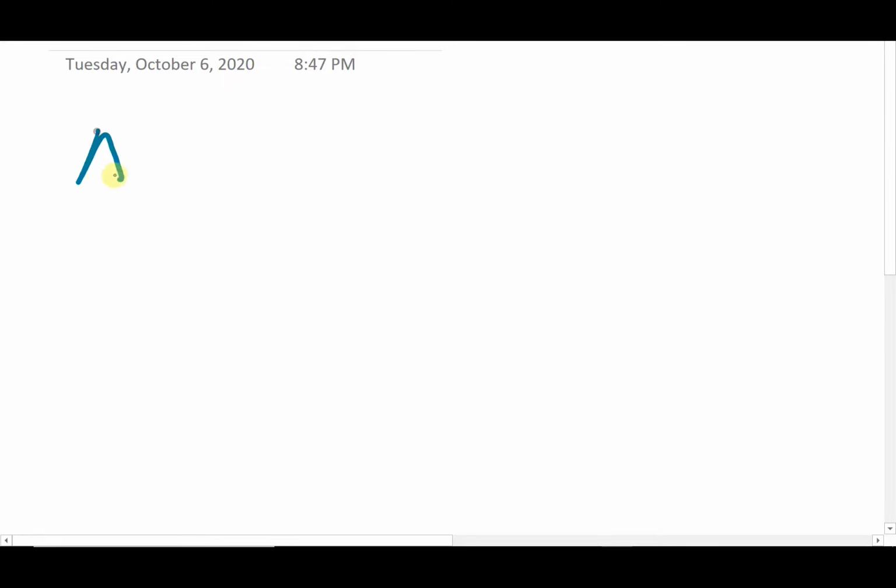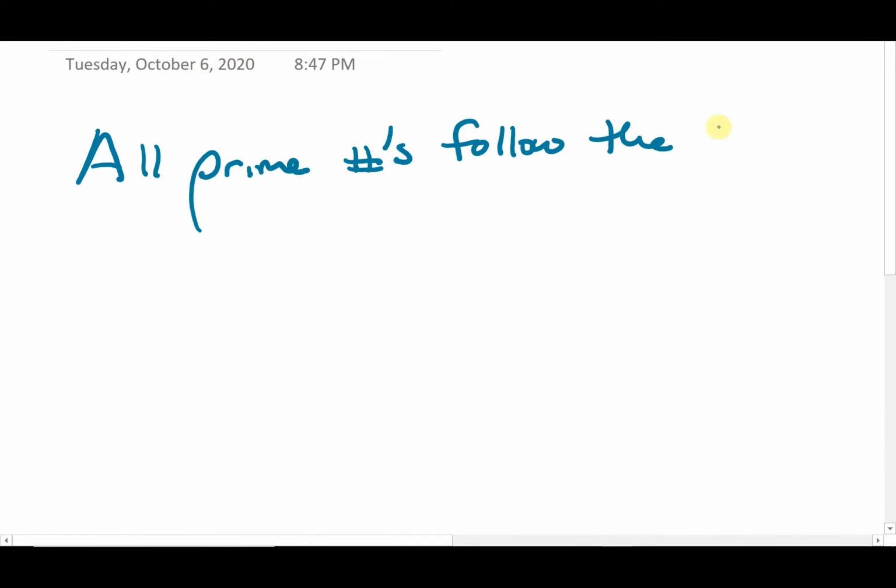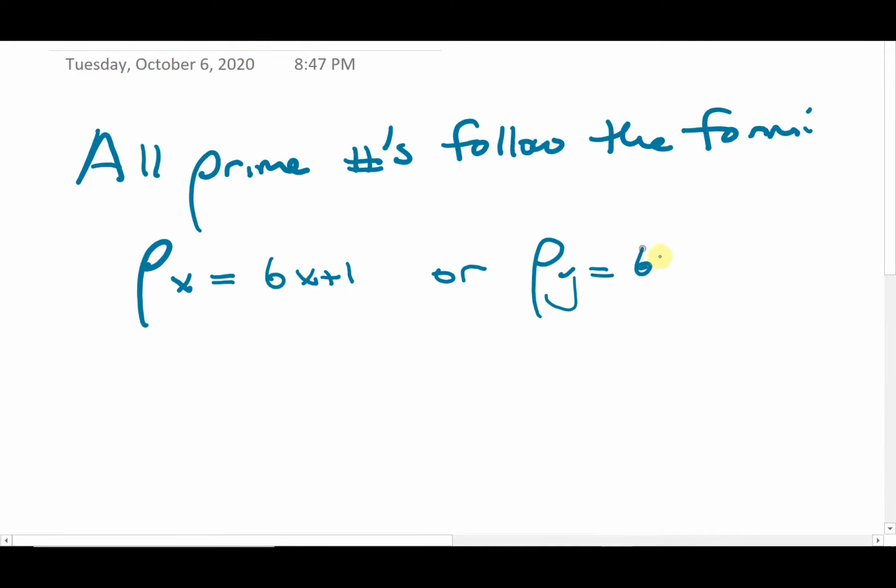We know all prime numbers follow the form p_x = 6x + 1, or p_y = 6y + 5.